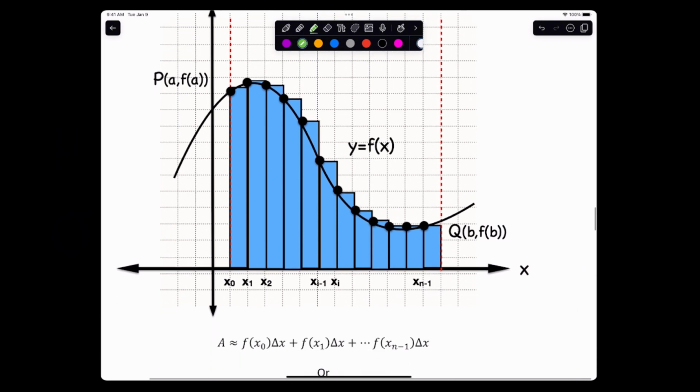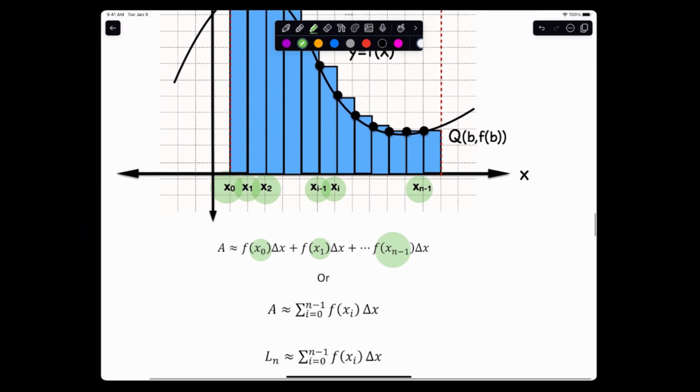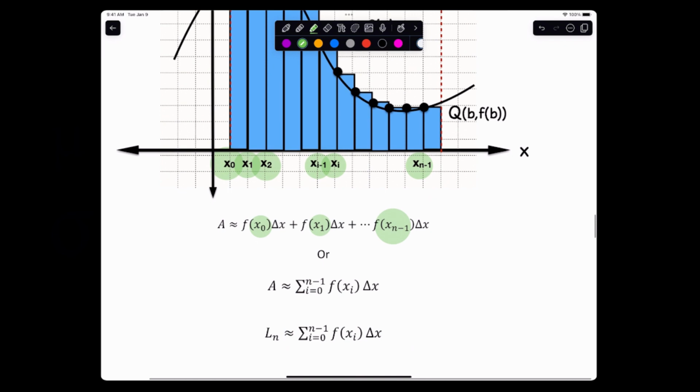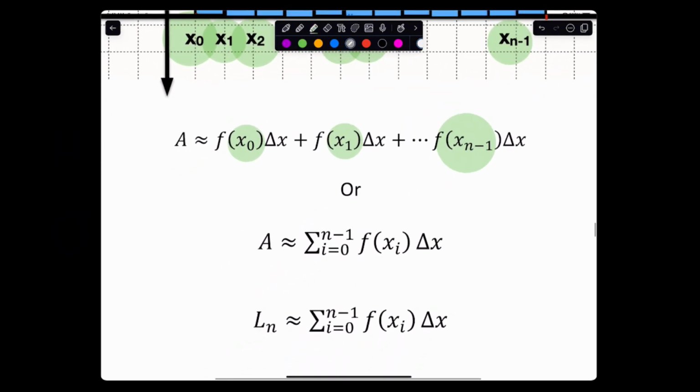That's going to be all the left endpoints. You start at x0, you go to x1, x2. So these are all the left endpoints for every one of those intervals. So your area is going to be, again, with the summation symbol, same idea.